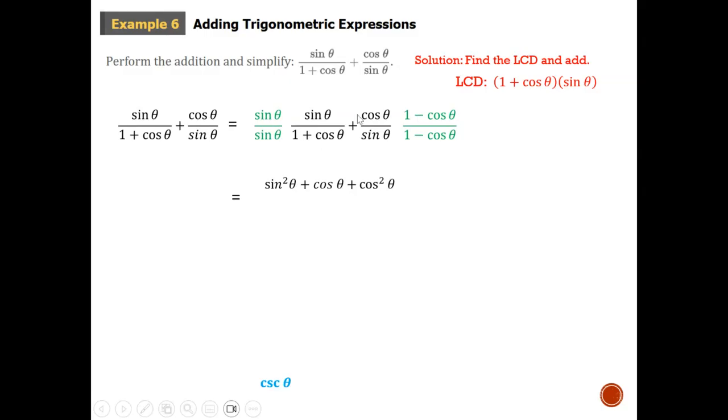This gives us sine squared theta. Cosine times 1 will give us cosine theta, and cosine times positive cosine theta will give us cosine squared theta. Again, this is a mistake; it should have been a positive there. Let me fix it right now.